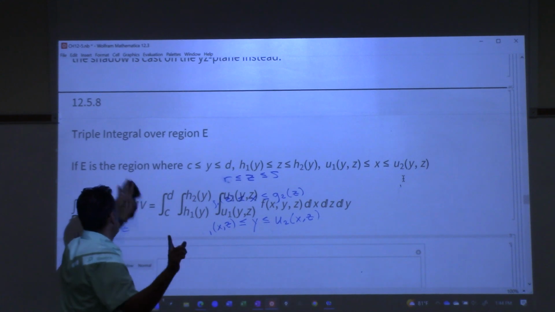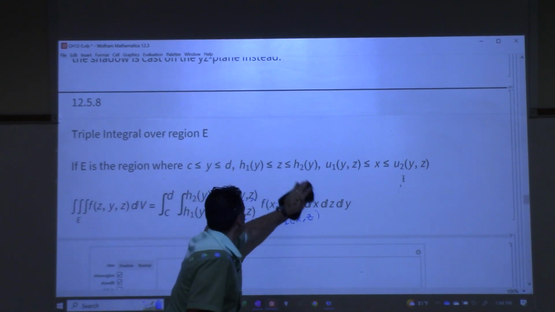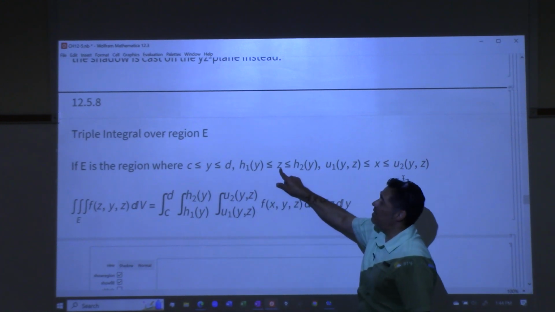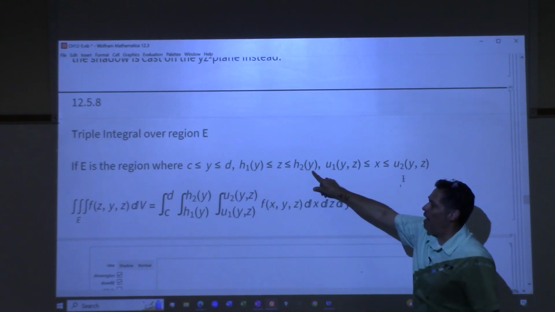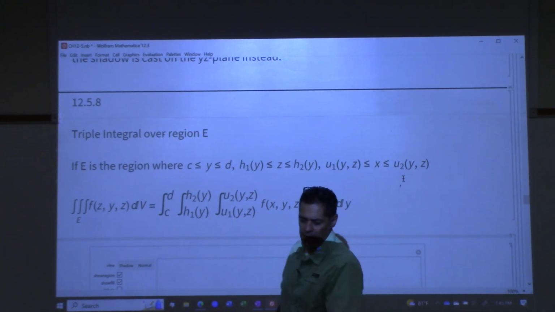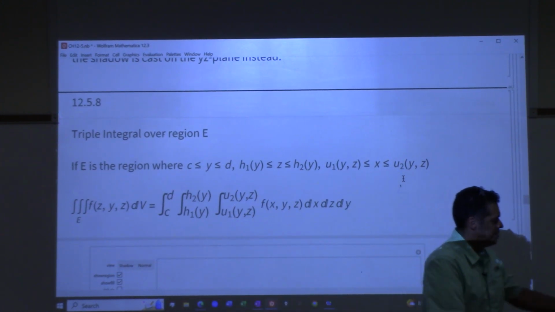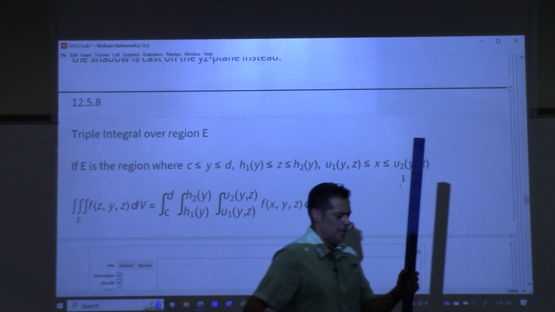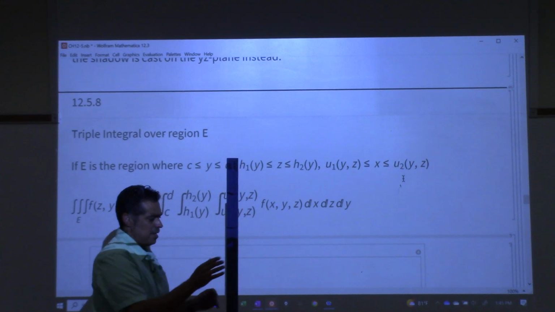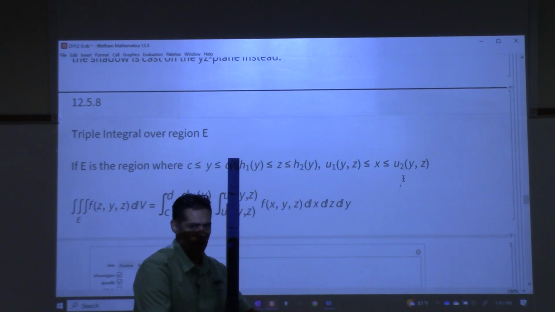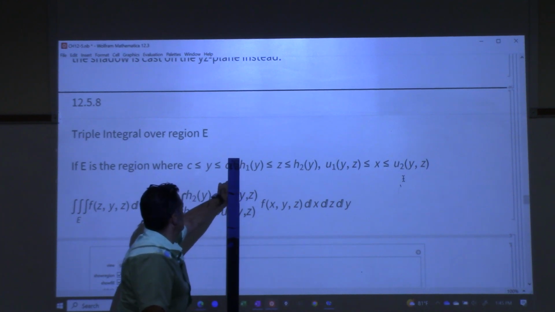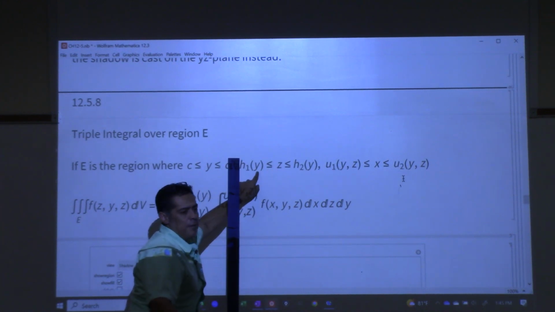So this is one particular example out of those 6 possibilities. Y is between 2 constants. Z is between 2 functions of y. And the x is between 2 functions of y and z. Let's see, before I show you the picture, see if we can wrap our heads around this. So the y is between 2 constants, and the z is between 2 functions of y.